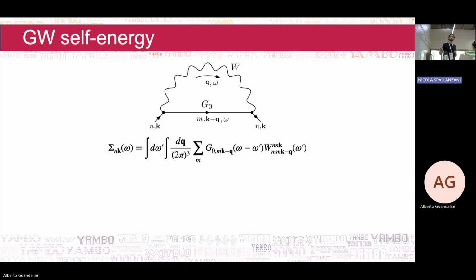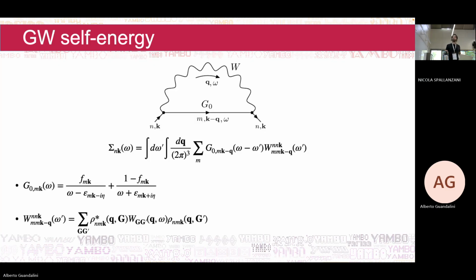This translates into the fact that the self-energy contains an integral over frequency, an integral over momentum transfer, and a sum over the intermediate states M. This multiplication is done in the Hilbert space of Kohn-Sham states, where the G0 is diagonal, and we need to move, as I said before, the screened interaction from the space of plane waves into the space of Kohn-Sham states with this matrix element that just changes the basis where you represent your operator.